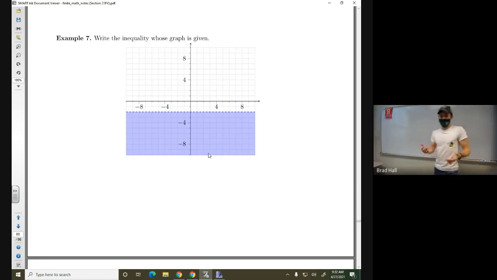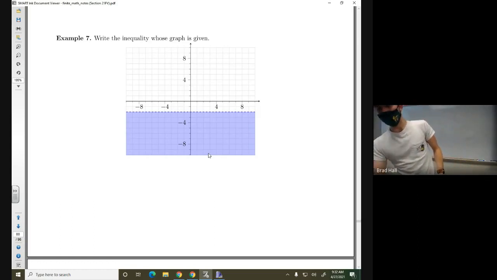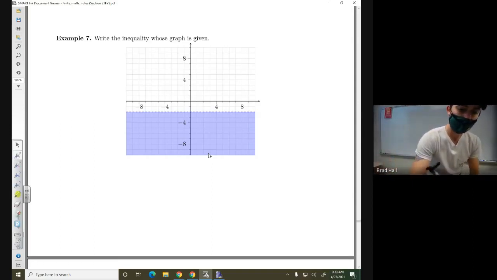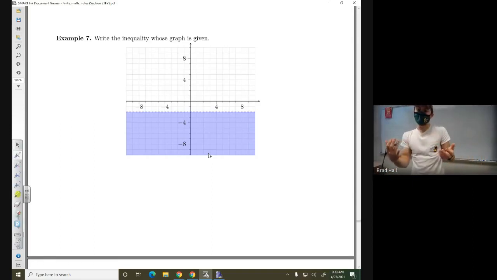So we're going to be working backwards here. Instead of being given an inequality and graphing it on an XY plane, we're given the graph and we need to figure out what the corresponding inequality is. So one thing we can notice, we need to figure out the inequality, so we're working backwards a little bit.